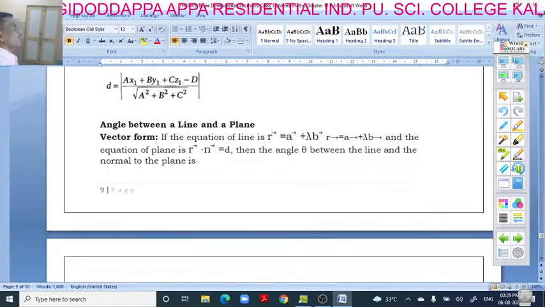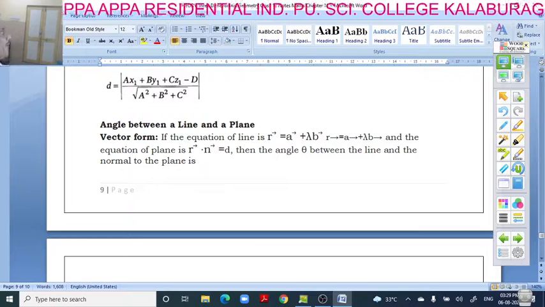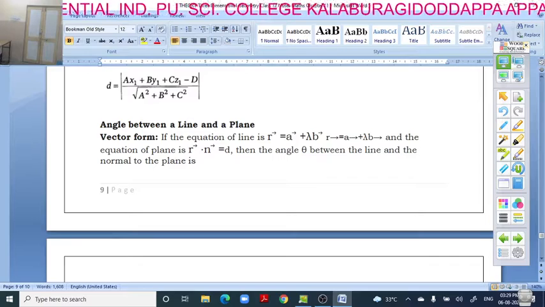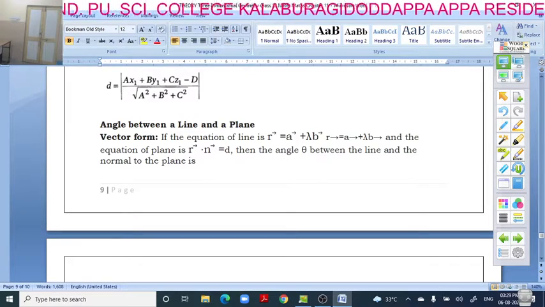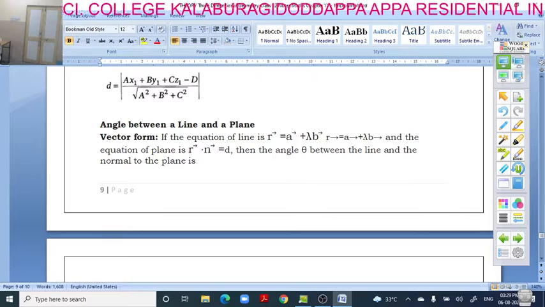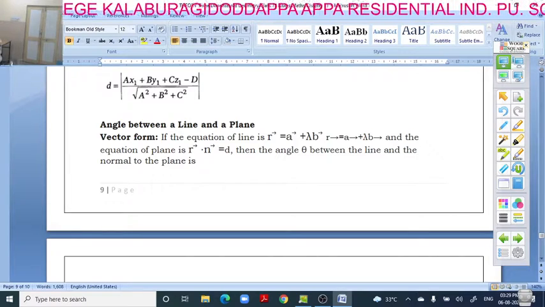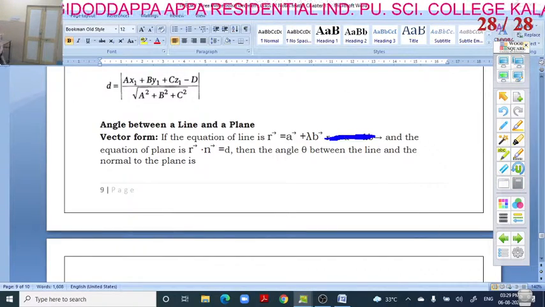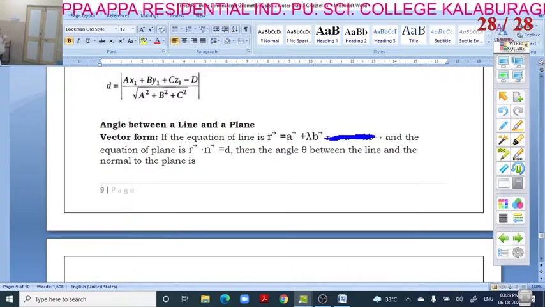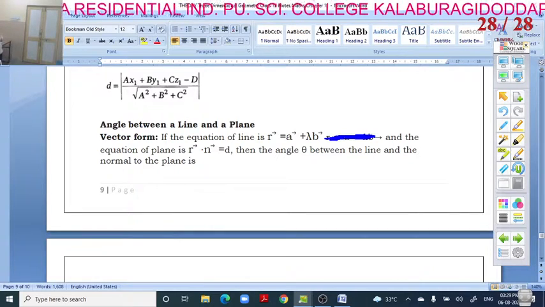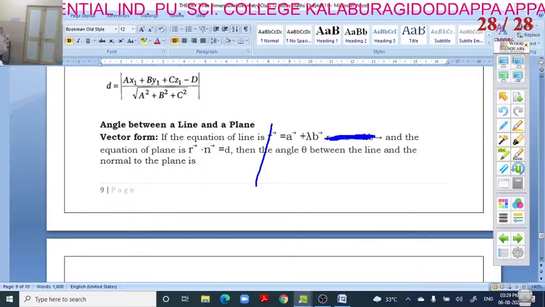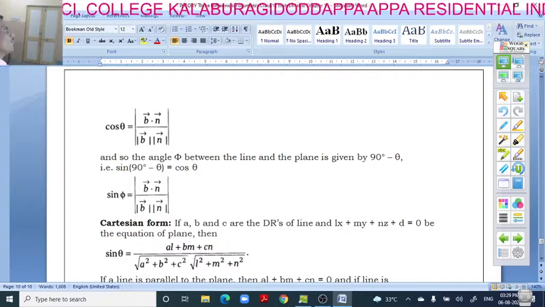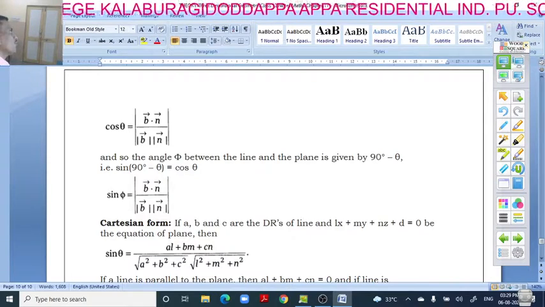Next, angle between a line and a plane. If the equation of a line is vector r equals vector a plus lambda b, and the equation of the plane is vector r dot vector n equals d, then the angle between the line and the normal to the plane is given by cos theta equals vector b dot vector n divided by magnitude of b into magnitude of n.